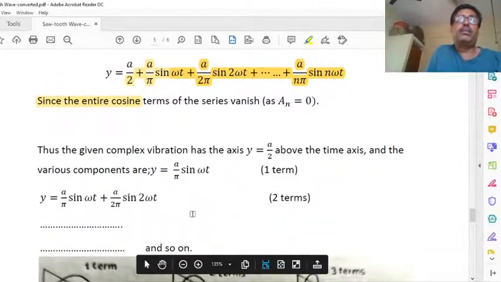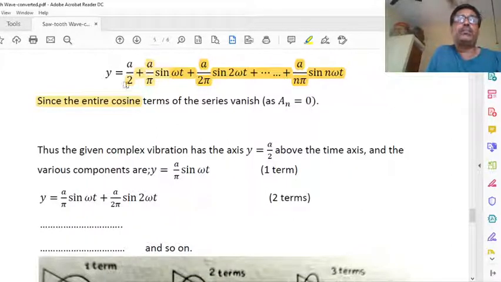If we take y is equal to a by 2, this a by 2 tells about the position of the axis, and the first term is what? After the a by 2, the first term, actually it is the second term, but leaving a by 2, this is the first term, a by pi sin omega t.